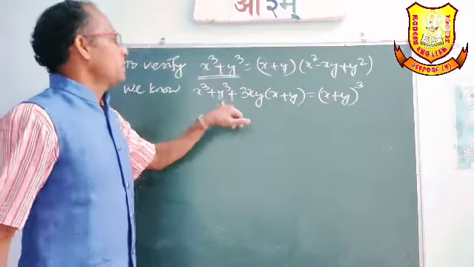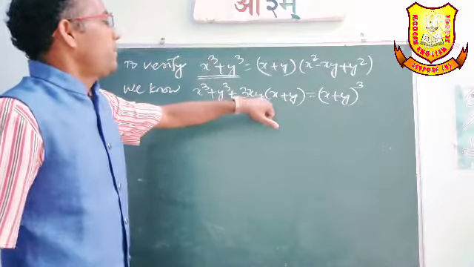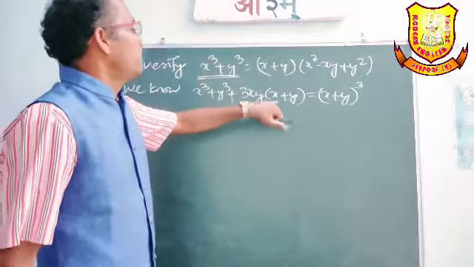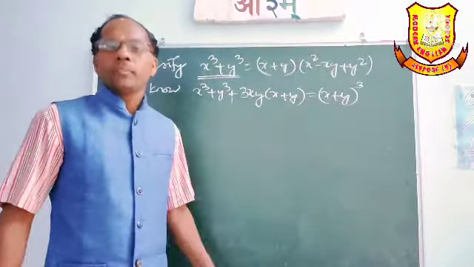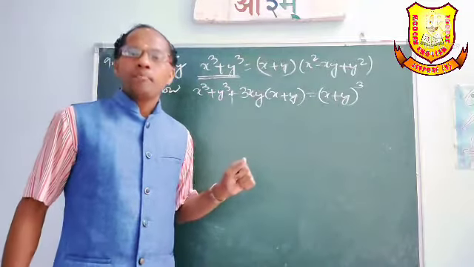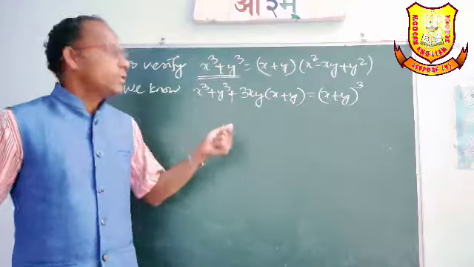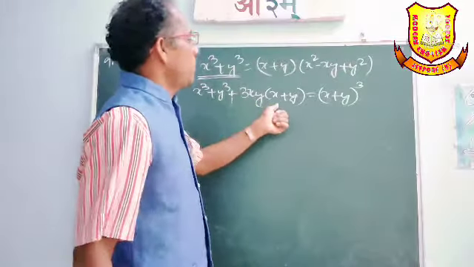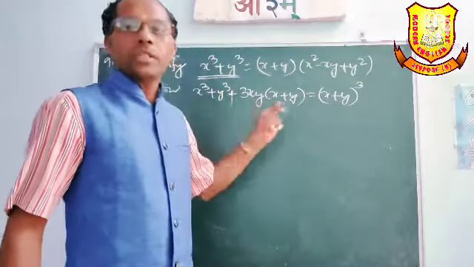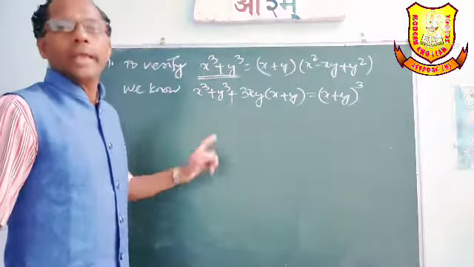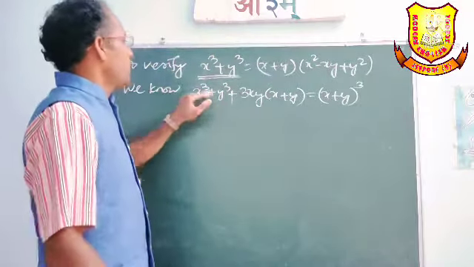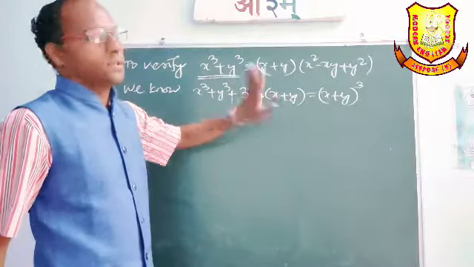This is the formula (a plus b) whole cube, that is a cube plus b cube plus 3ab whole into a plus b. So the same formula I have written in the form of (x plus y) whole cube equals x cube plus y cube plus 3xy whole into x plus y.